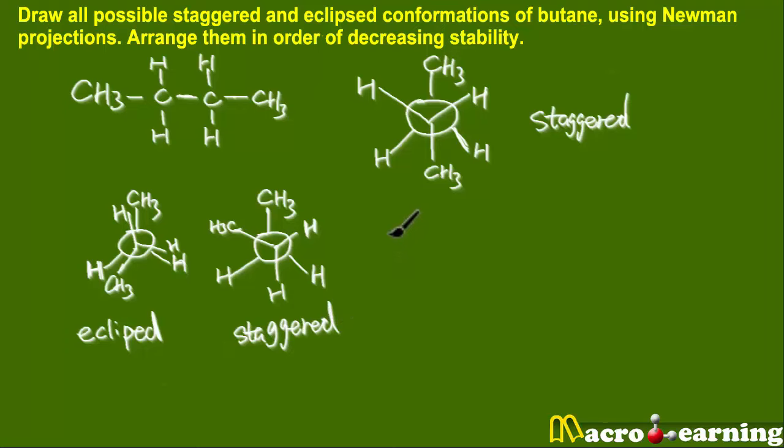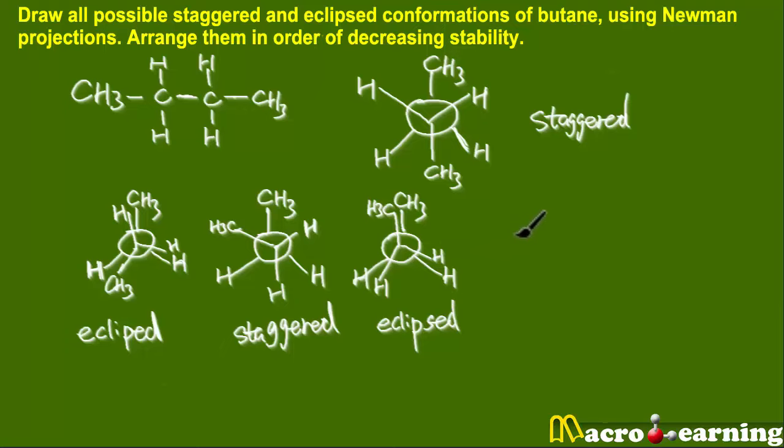And if we keep going again, keeping the back one fixed, and turn it again by 60 degrees, then wow, these 2 big guys will be overlapping with each other this time. But 2 hydrogens here and here. Okay, another eclipsed conformation.